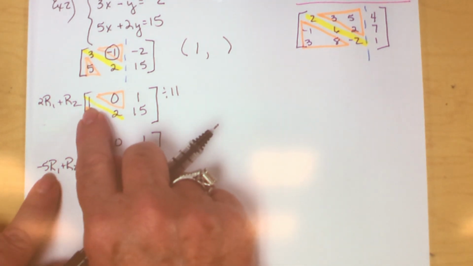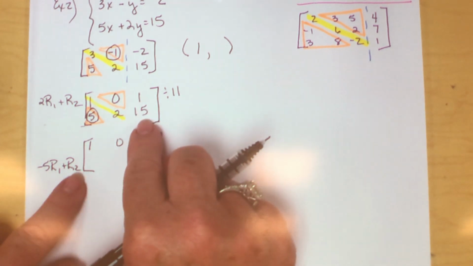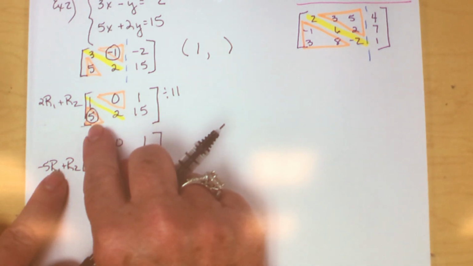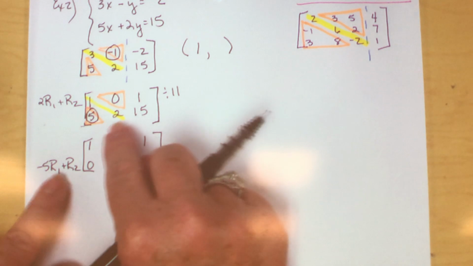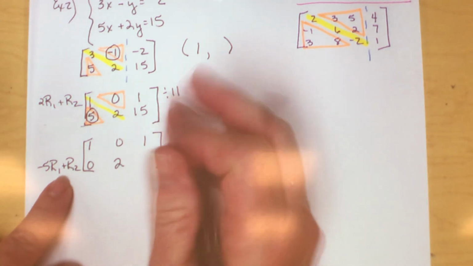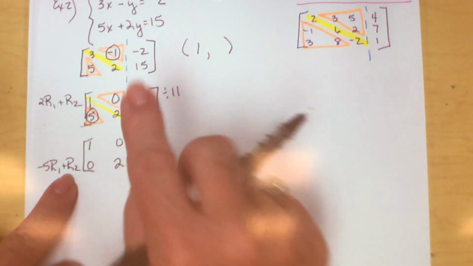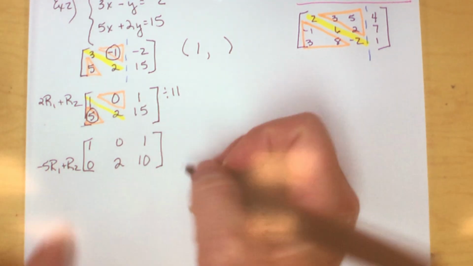So, multiply and add, multiply and add, multiply and add. What do you get when you multiply? -5 and 5 make 0. Multiply: 0 and 2 make 2. Multiply: -5 times 2 is -10, and 15 make 5... what am I gonna do?